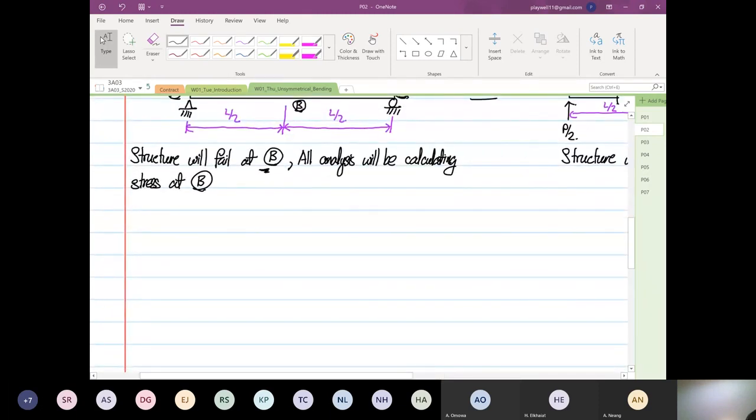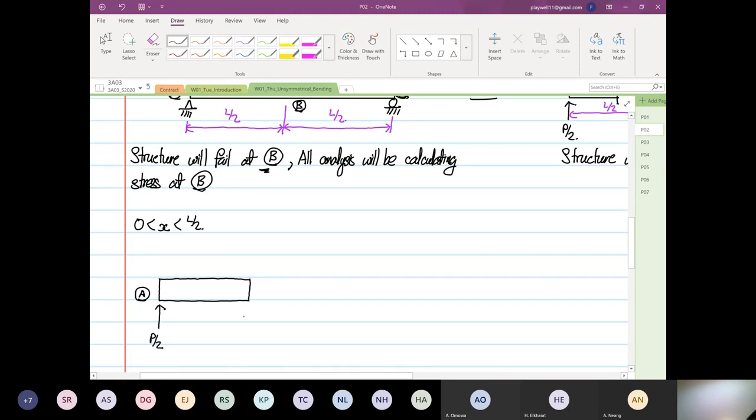Okay, so we are going to look at stress at a limit of 0, x, and L over 2. So I'm going to draw my free body diagram. This is our point A. And over here, we have a reaction force, which is P over 2.